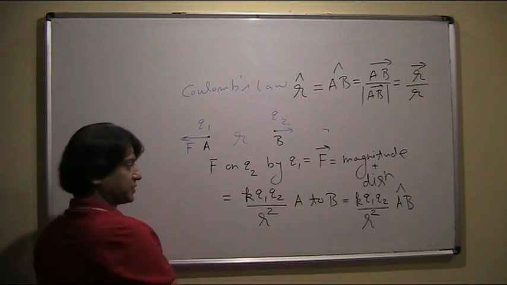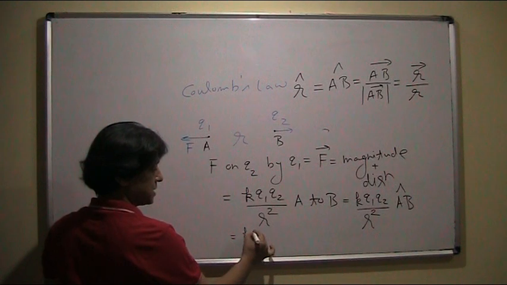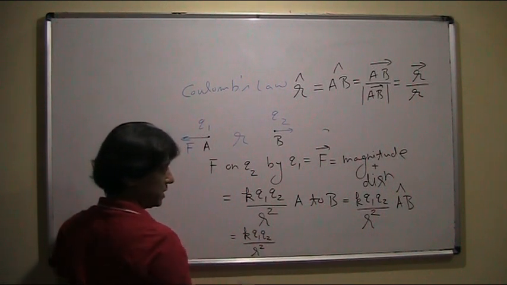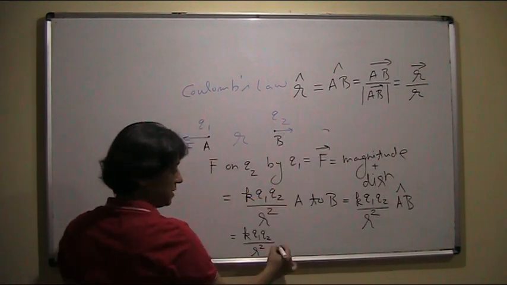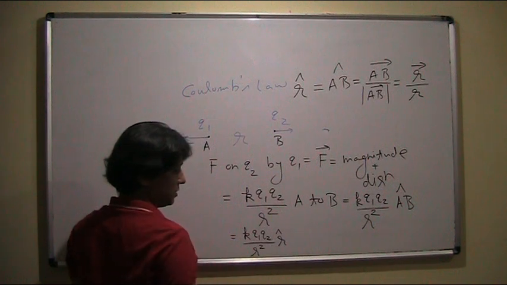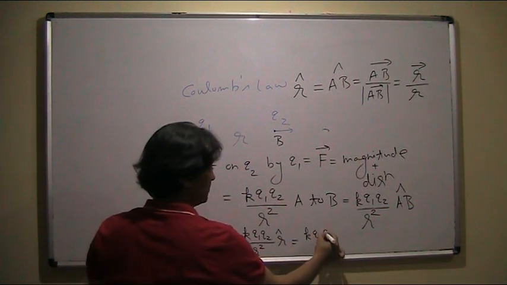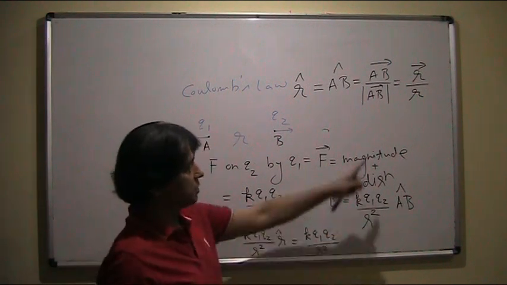That means this force now is K times Q1 Q2 upon R square. Now AB cap is what? R cap. We'll write R cap here. Now look here.